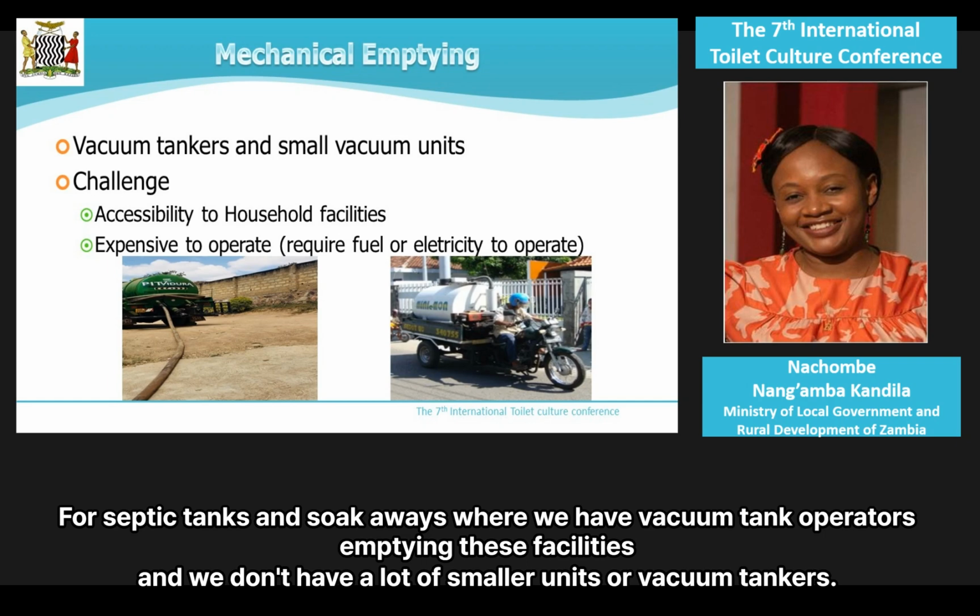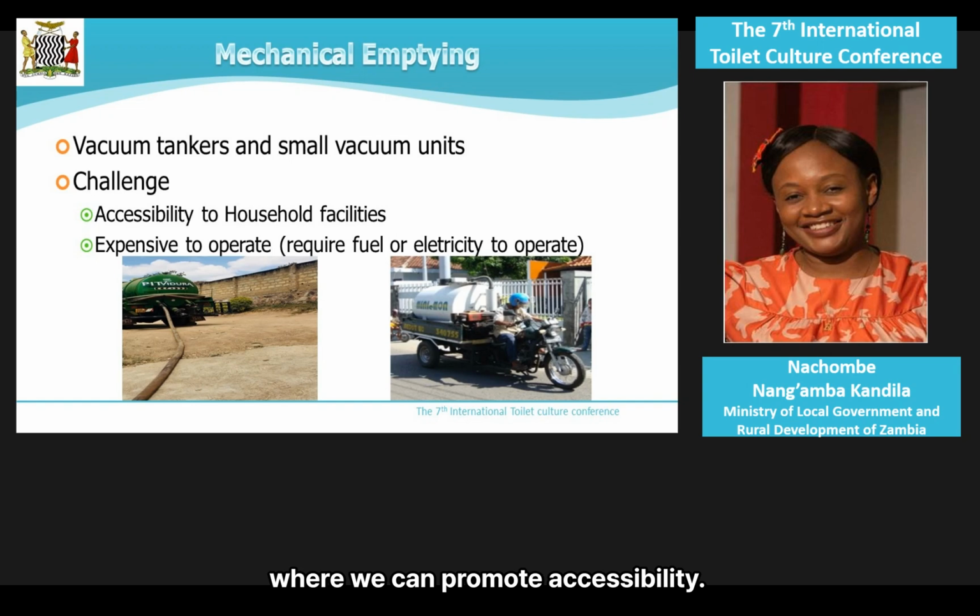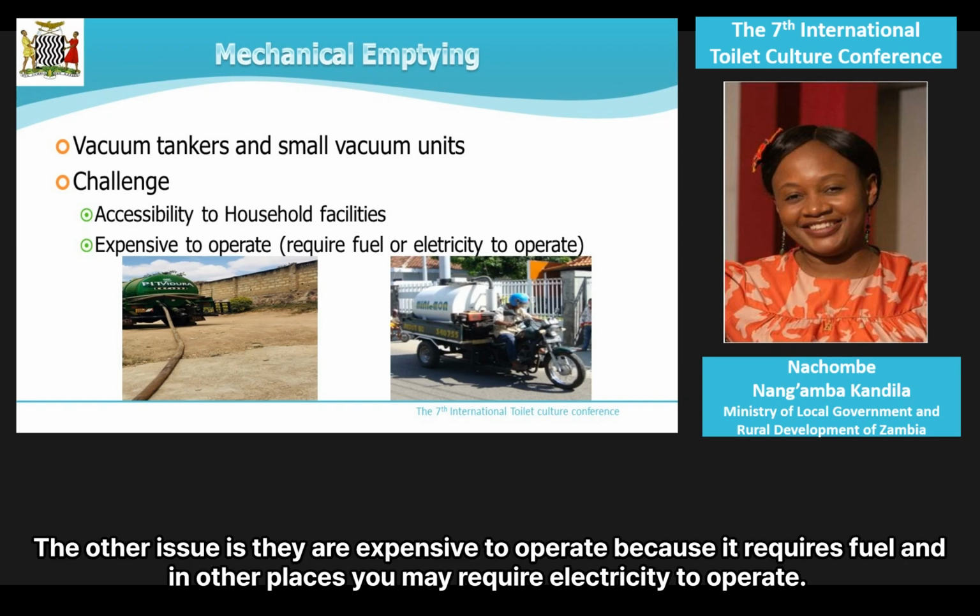And we don't have a lot of smaller units of vacuum tankers. We are yet to see how the industry responds to this and how we can have more innovative ways brought on board where we can promote accessibility. The other issue is they are expensive to operate because it requires fuel, and in other places you may require electricity to operate. Next slide, please.